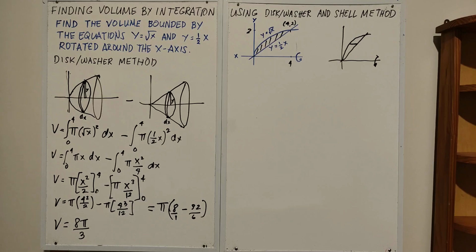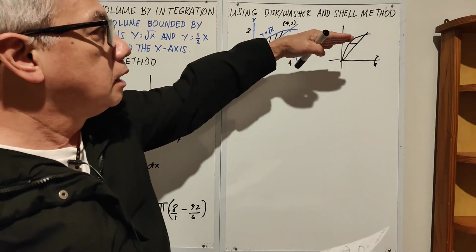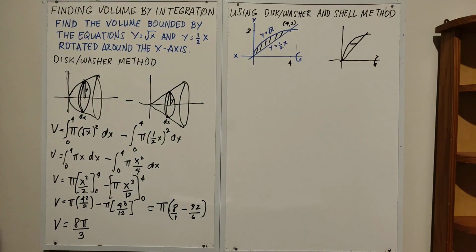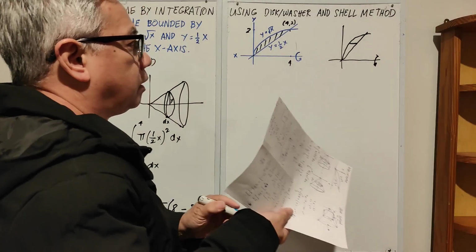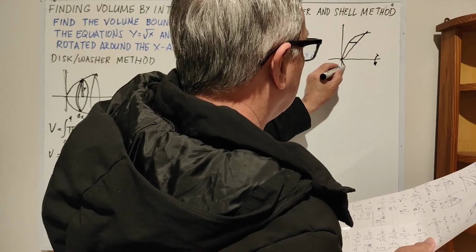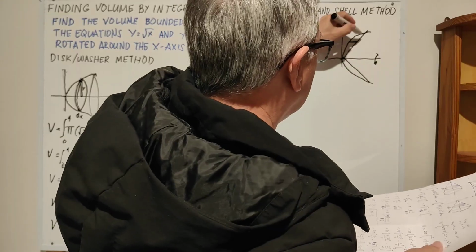Now we go to the shell method. So in the shell method, like I said before, the cutting is parallel to the axis of rotation. Now we will just copy the drawing. So it will be like that.